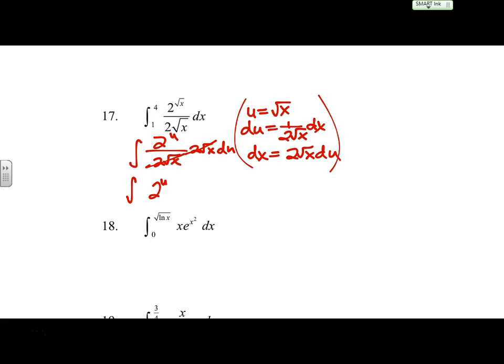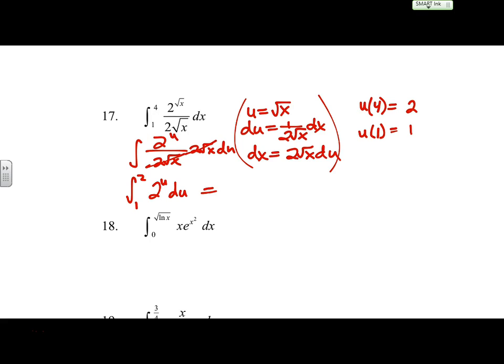Just to make life easier, I think u-bounds might be nice, plus you guys all missed the u-bound question yesterday, so let's go ahead and throw that in. Not all, a lot of you missed the u-bound question. So you want to get this totally in terms of u. Square root of 4 is 2. Square root of 1 is 1, so we can do 1 to 2.